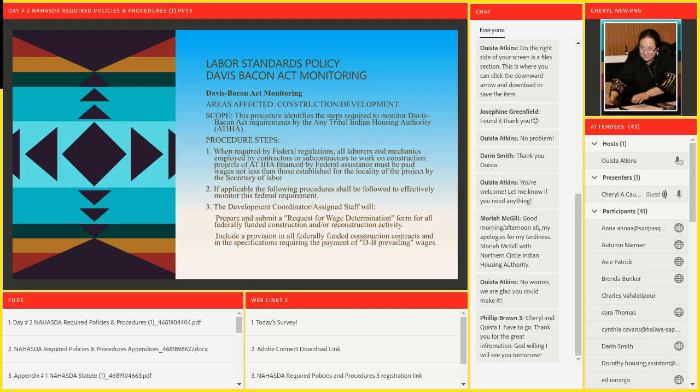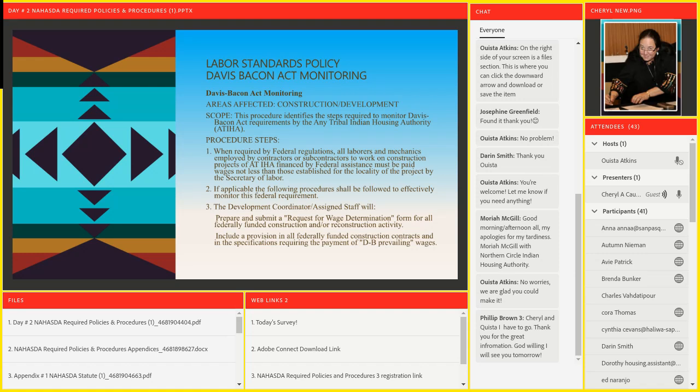If applicable, the following procedures shall be followed to effectively monitor this federal requirement. The development coordinator or whoever you have in place, your assigned staff, will prepare and submit a request for a wage determination form for all federally funded construction and or reconstruction activity.